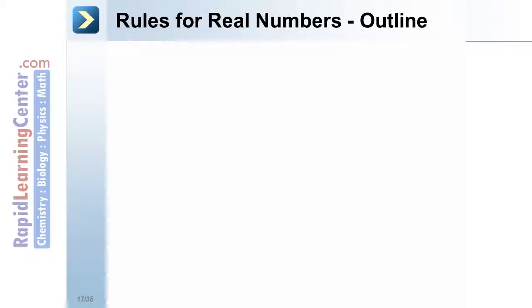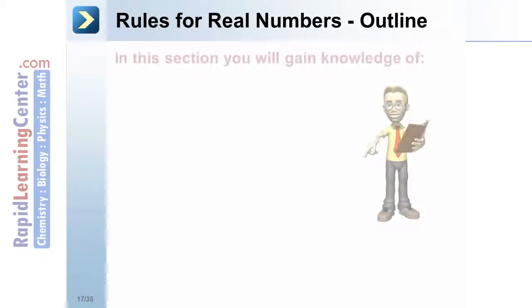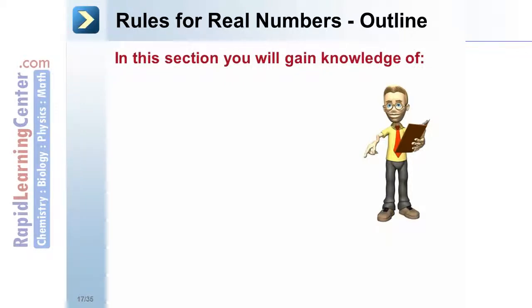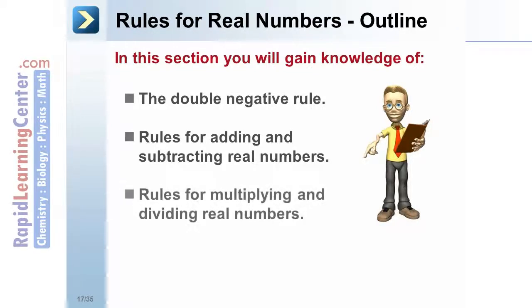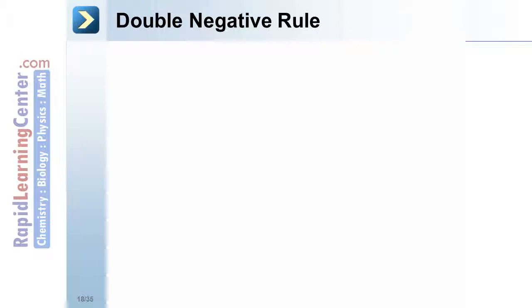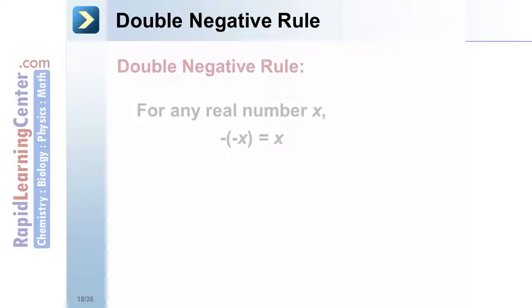Rules for real numbers outline. In this section, you will gain knowledge of the double negative rule, rules for adding and subtracting real numbers, and rules for multiplying and dividing real numbers. Double negative rule.